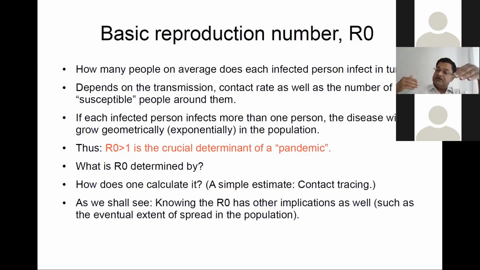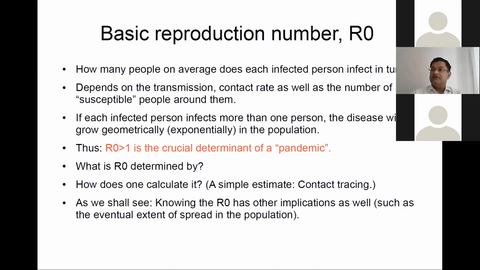So you can ask the question, by simply following the data, the evidence, how many people on average will an infected person transmit to? And that will give you an estimate of R0. If you do this in an average sense, over a period of time across many individuals, you will get an average number R0.